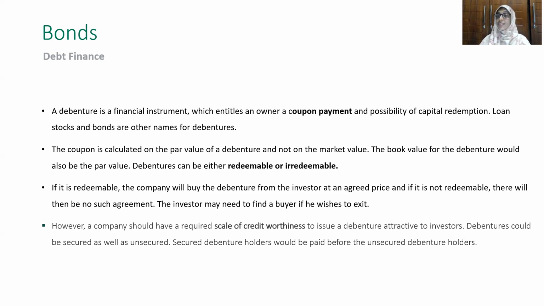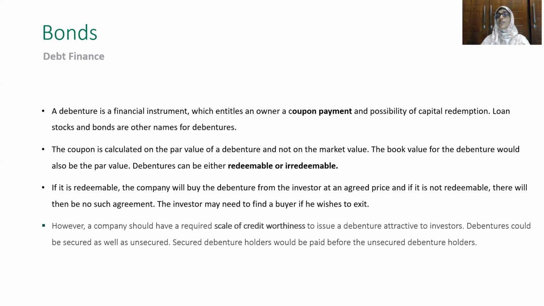So if it's a redeemable debenture, the company will buy the debenture from the investor, because they'll be paying the capital back, right? But when it comes to irredeemable debentures, what did I say? That the capital is not repaid.